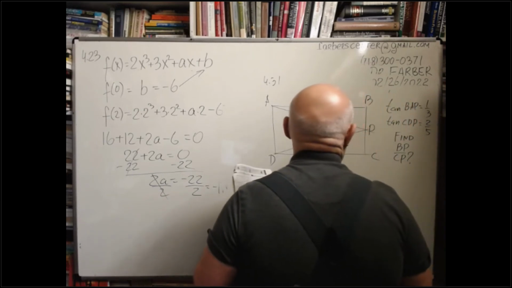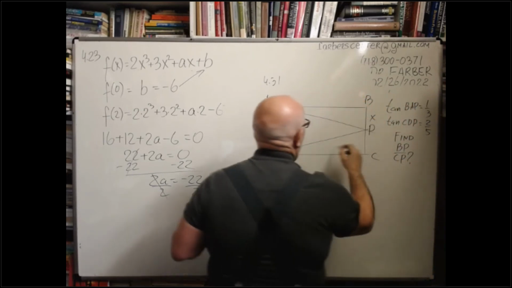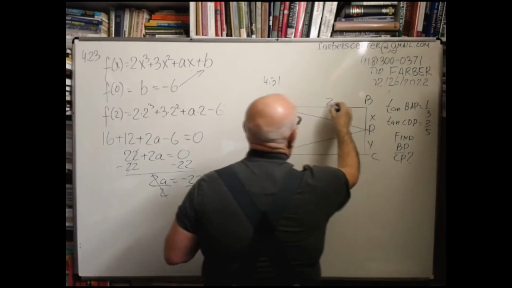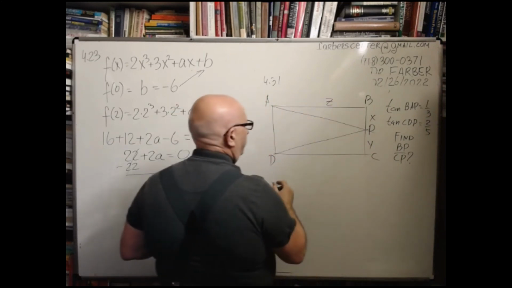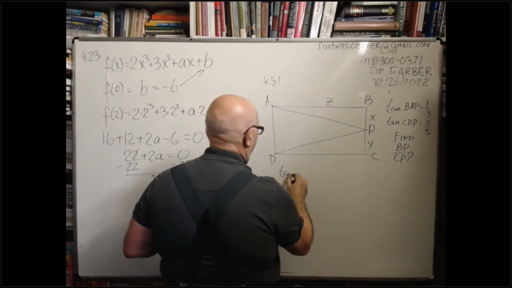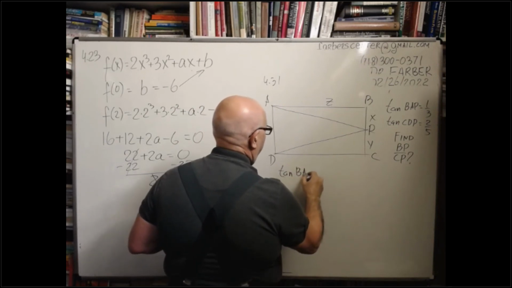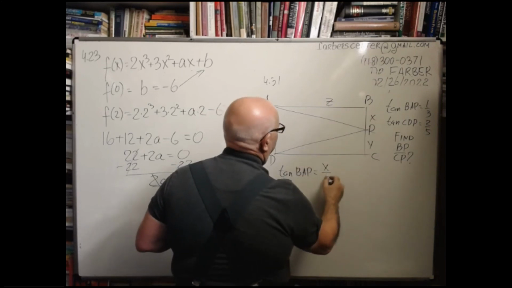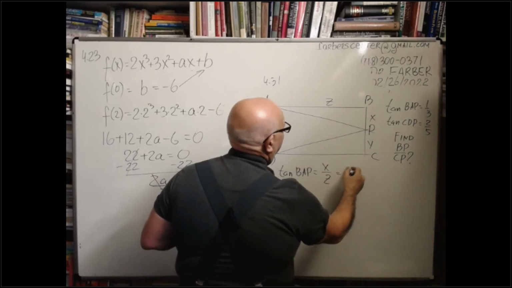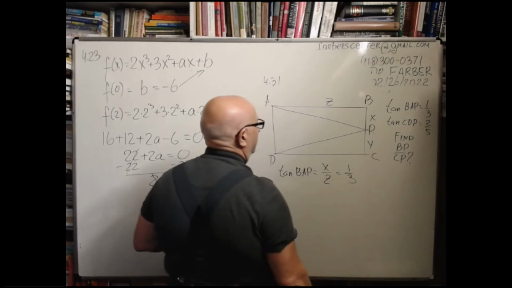What I recommend? This is X, this is Y, this is Z. And tangent of BAP equals opposite to adjacent, X over Z. And this equals 1/3, given.